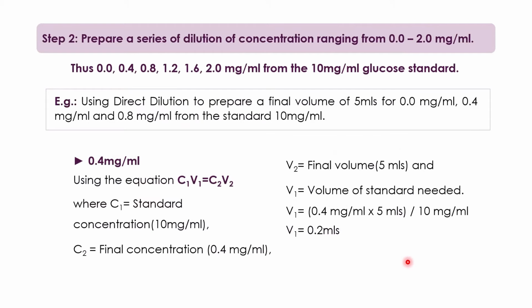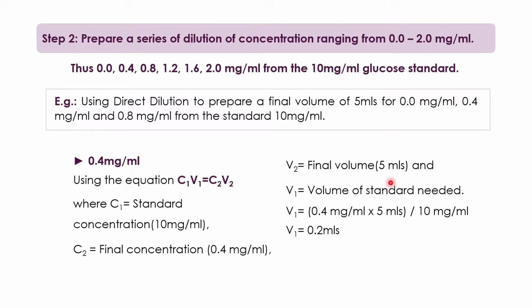So let's look at the 0.4 milligrams per ml. How to prepare this concentration from our stock solution using direct dilution. Also using the equation C1V1 equals C2V2, as explained earlier, C1 is the standard concentration, C2 is the final concentration, which is 0.4 milligrams per ml because this is the concentration that we are going to prepare over here.